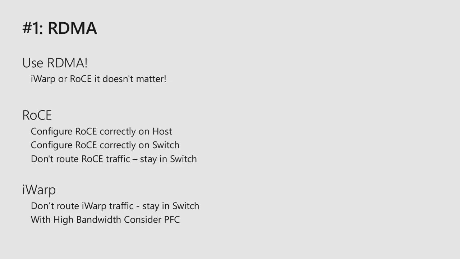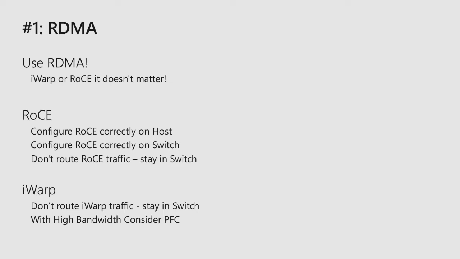And TCP/IP is easy. So you don't have to do anything on your Ethernet switches to transport TCP/IP, because the protocol cares about itself. If a packet is lost, it will be retransmitted. Okay? But still, don't route it.